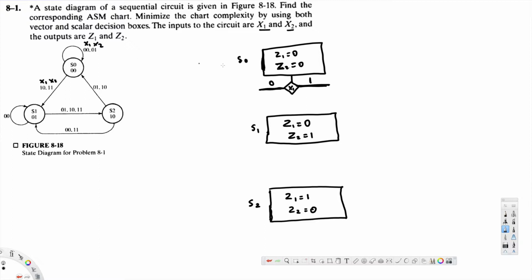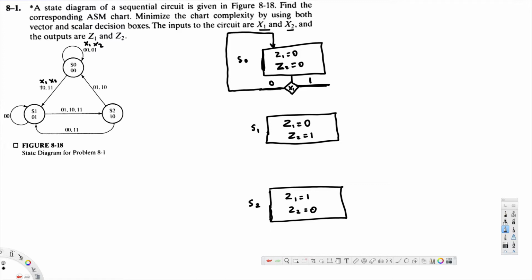It will go to S0 anyway. It's like 0 and don't care. That's why I put x1 alone, because if it also depended on x2, we would have to put the vector box. But here, if x1 is 0, it will go to S0. So we can just put 0 connected to S0.